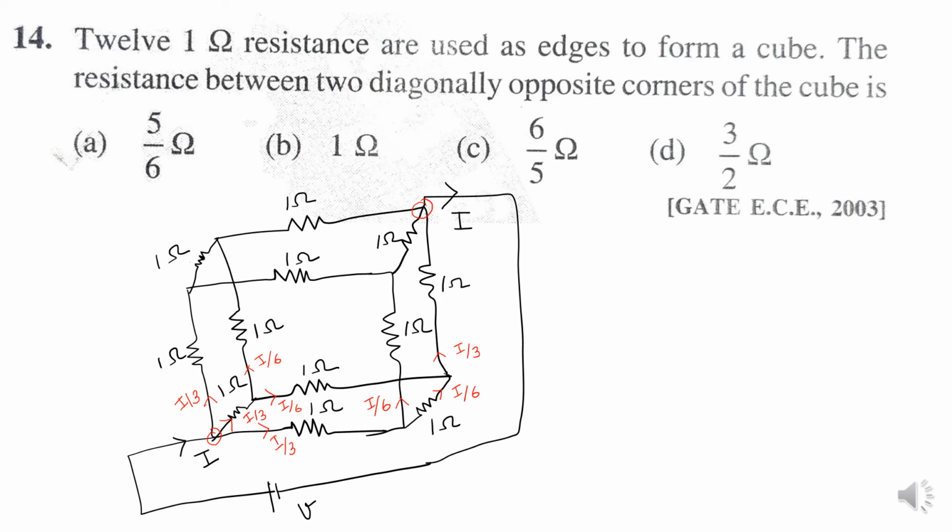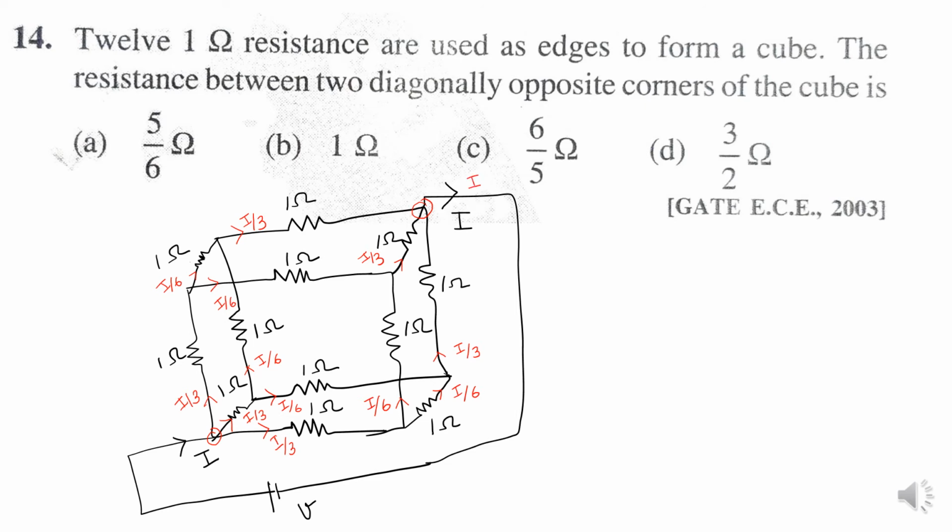And this I by 3 is again divided into 2 equal parts: I by 6 and I by 6. Now these I by 6 and I by 6 meet together and we get I by 3, and these I by 6 and I by 6 meet together and we get I by 3. Now these three I by 3 meet together, and finally we get I.